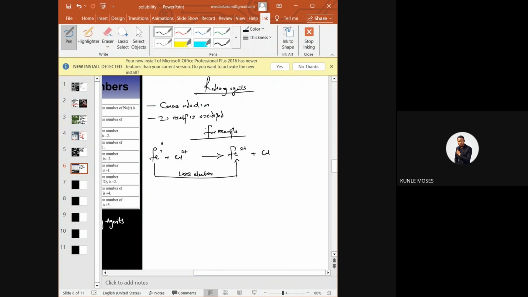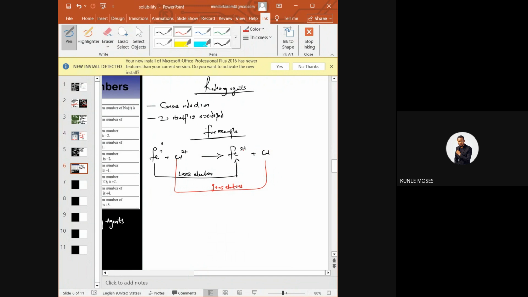And what is happening to copper? Copper is gaining electrons here, from copper ion to copper solid.